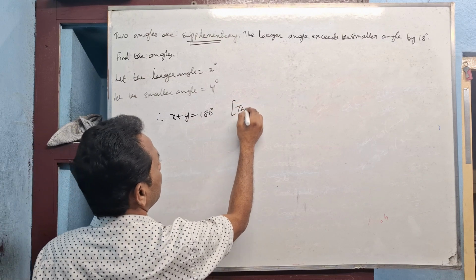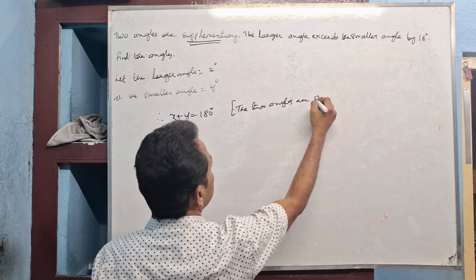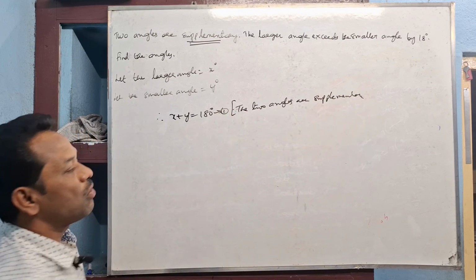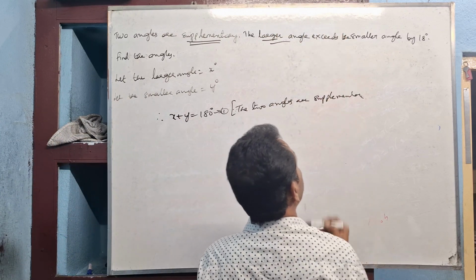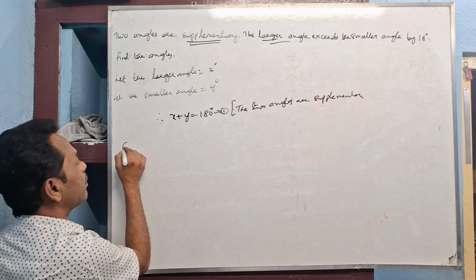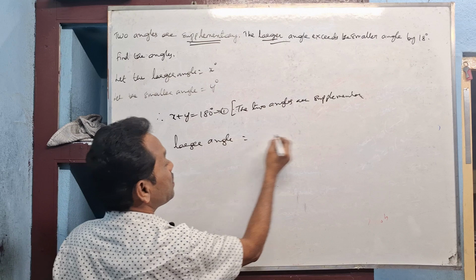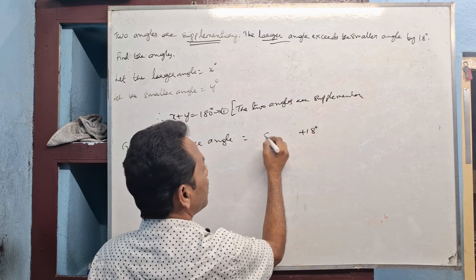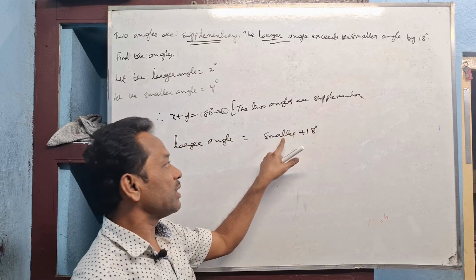Since the two angles are supplementary, let me take this as equation 1. Now the second condition: the larger angle is 18 degrees more than the smaller angle.